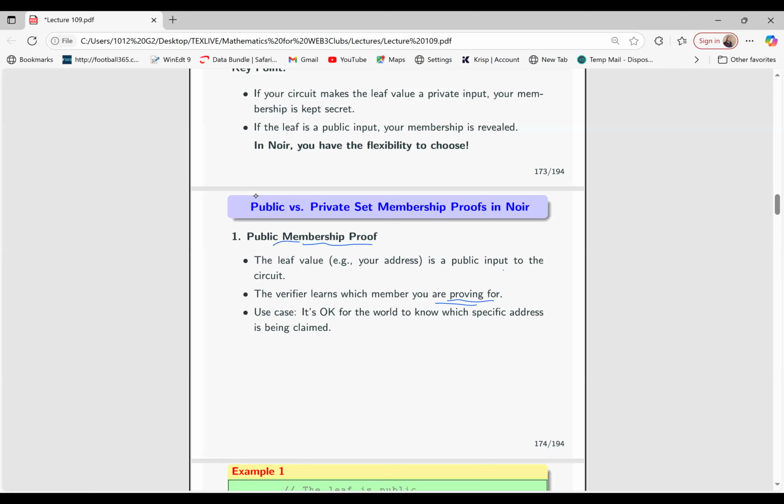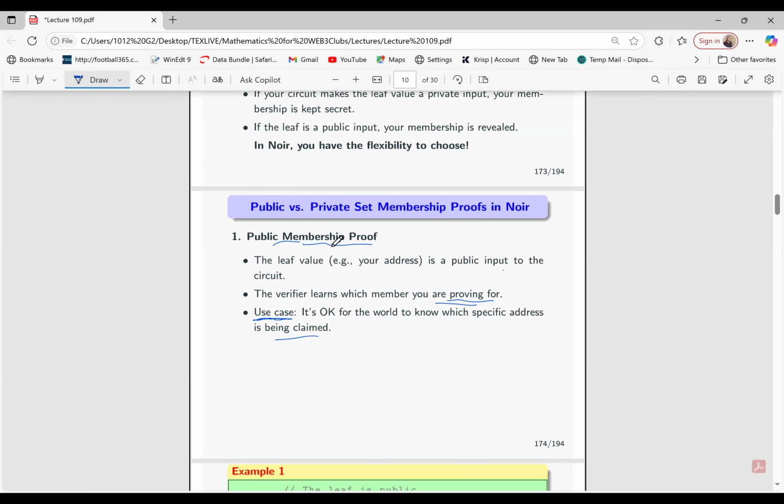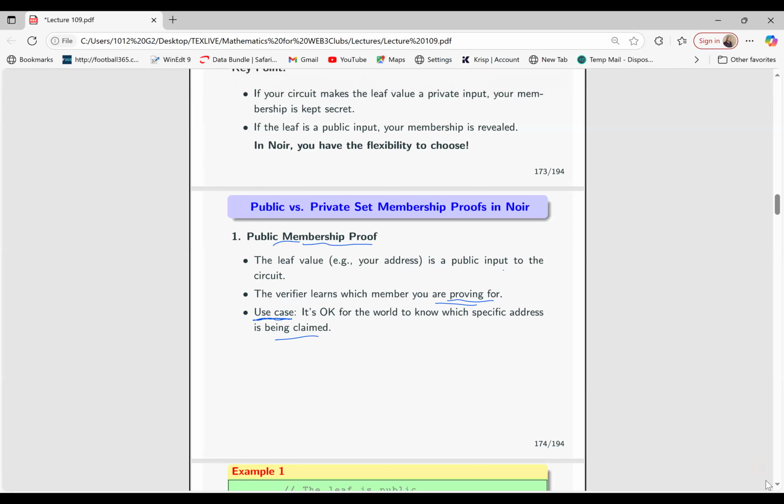Now, this kind of proof is used in cases where it's okay for the verifier to know which specific address is being claimed. For instance, that is just an example where there's no problem with the verifier knowing, and then you use this public proof. This is the example.